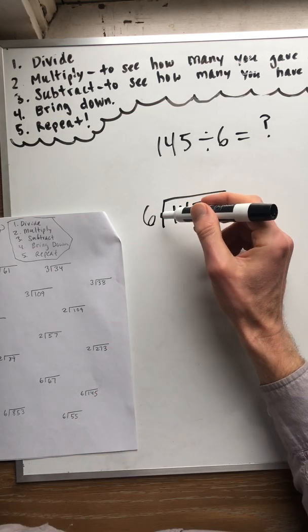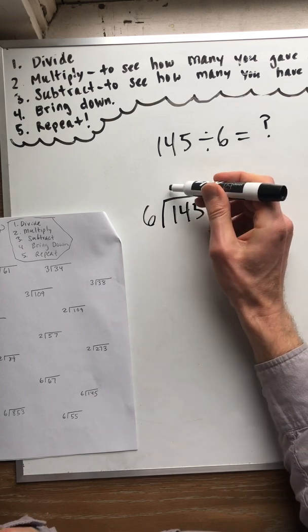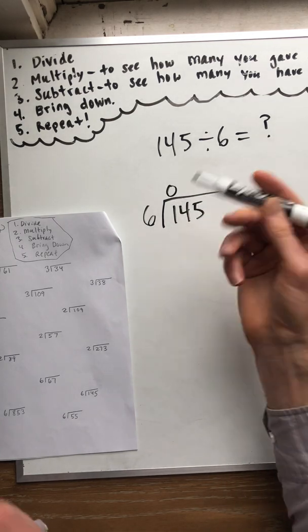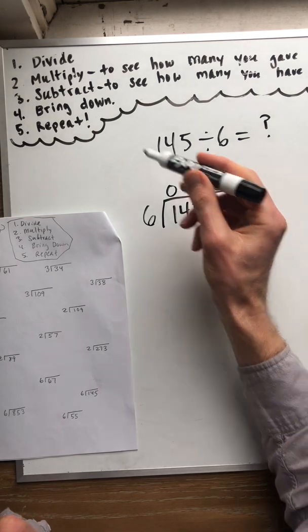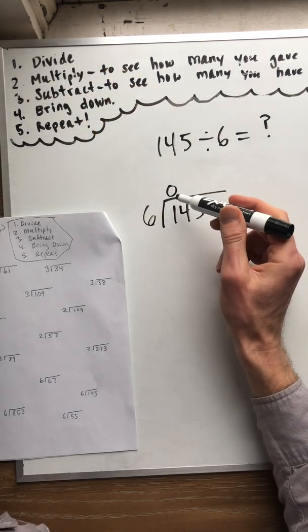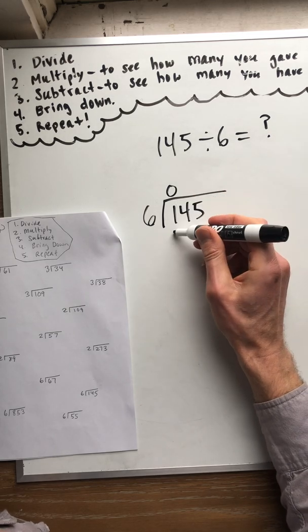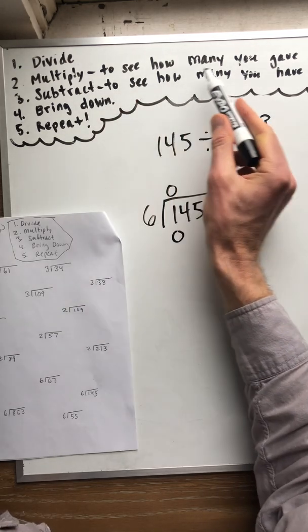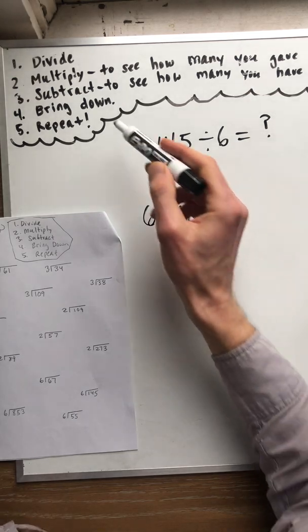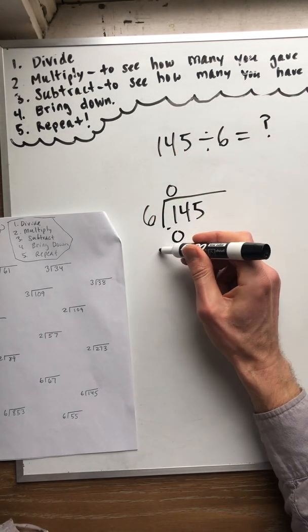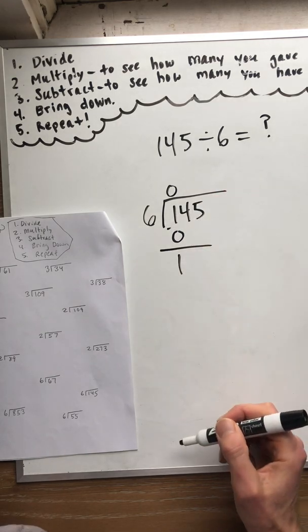So 6, how many times does 6 go into 1? 0. Can't do it, so nobody gets one. Then we multiply, which is the next step. So 6 times 0 is 0, and that was multiply to see how many you gave out. Next step is subtract to see how many you have left. We gave 0 out, so we have all 1 left.